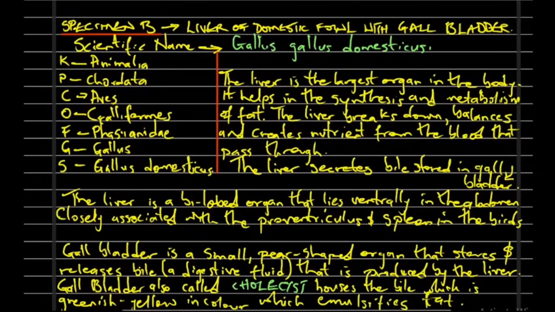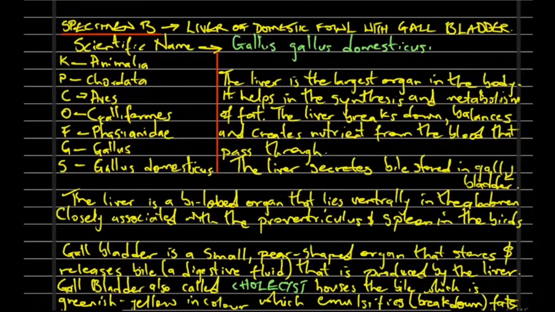So it breaks down fat. That is what the emulsification there says. Let me put it this way, which emulsifies, break down fats. So that is what the liver of the fowl and the gallbladder do.